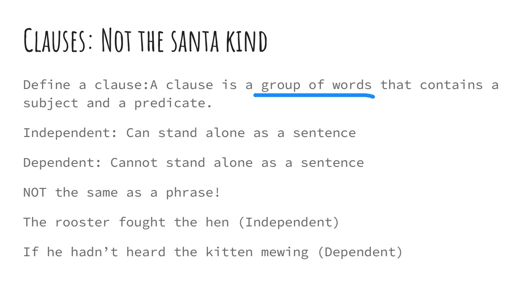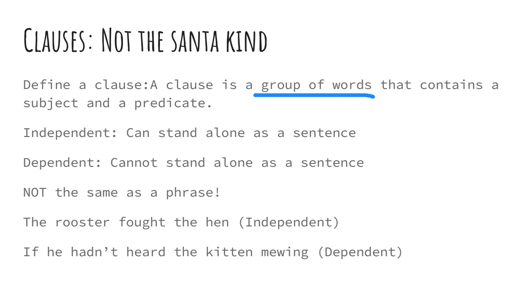Not every clause does that. You could have a group of words with a subject and predicate, and it is not a complete thought. In the past, we've called that a fragment, but now we are going to learn how those fragments may be different types of clauses. So let's talk about the difference between a couple of types of clauses.